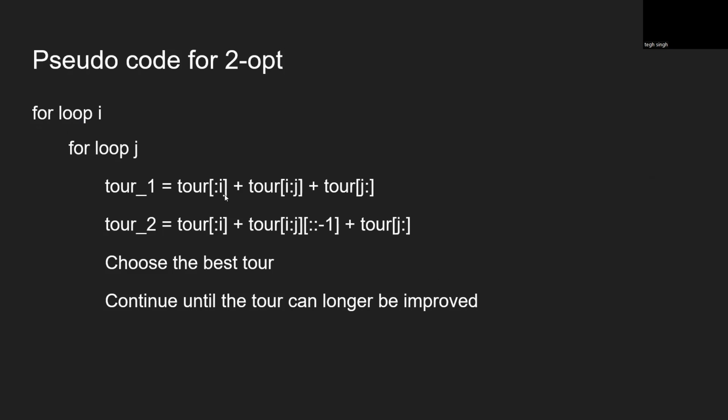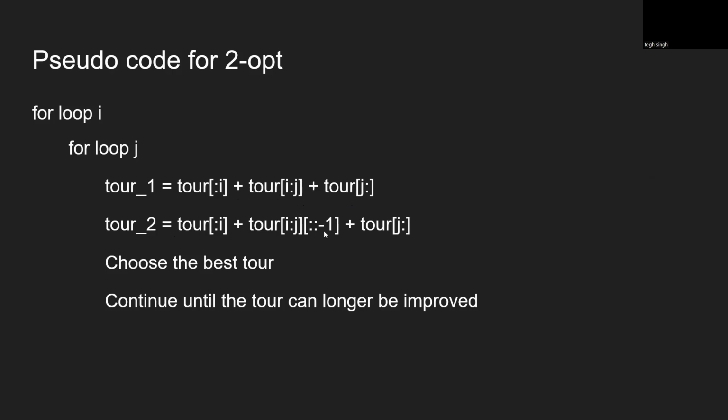Over here we have our vertex i minus 1 going to vertex i, and our vertex j minus 1 going to vertex j. The vertex will actually depend on the value inside the tour, but here we're just referring to the indices as the vertex.